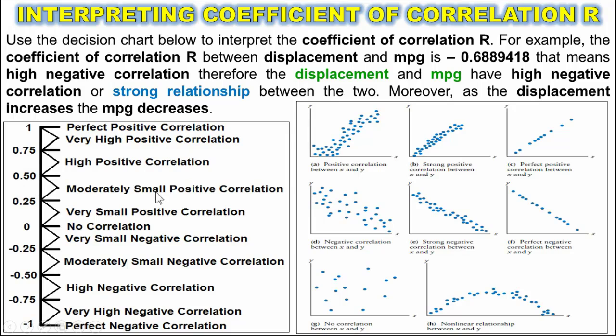A coefficient of correlation R that falls within the range from negative 0.50 to negative 0.75 indicates high negative correlation. A value of 0 for the coefficient of correlation indicates no correlation or no relationship between the two variables x and y.